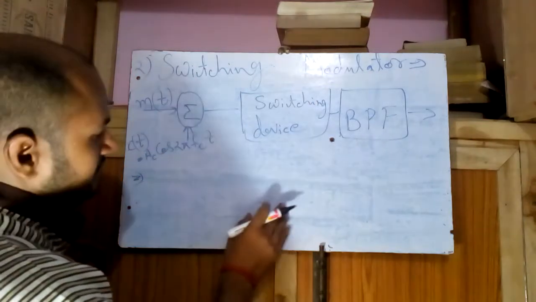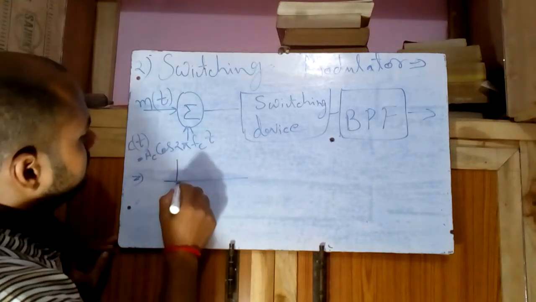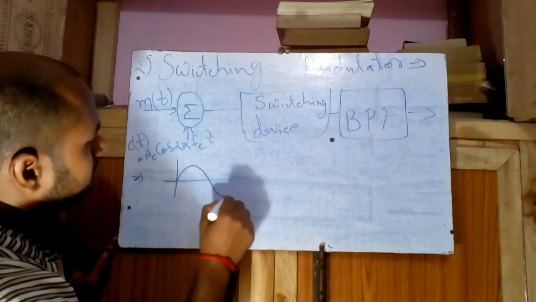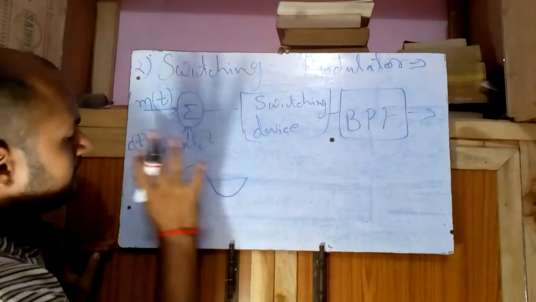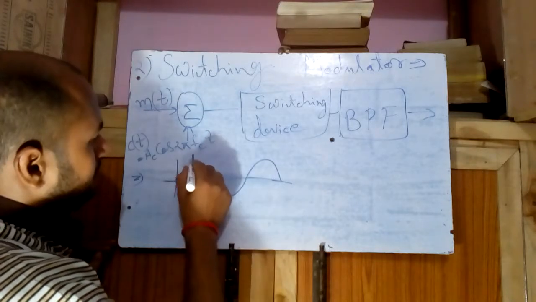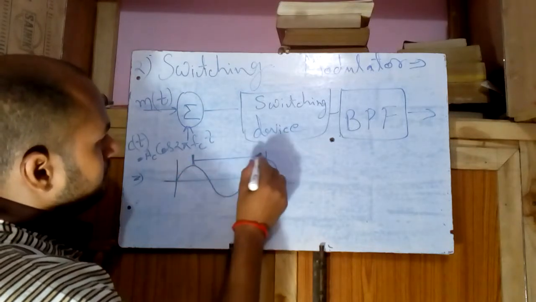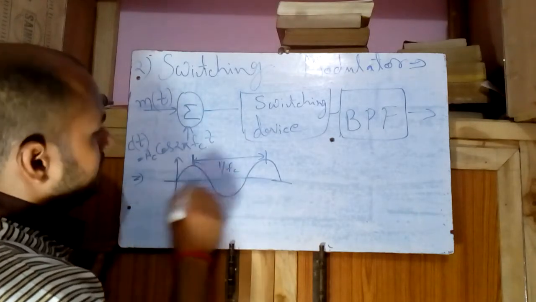So let's see, this is the carrier c(t), right? It has very high frequency. This is 1 by Fc interval, right?